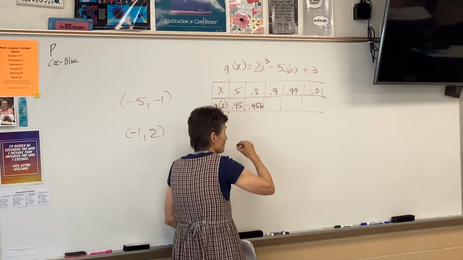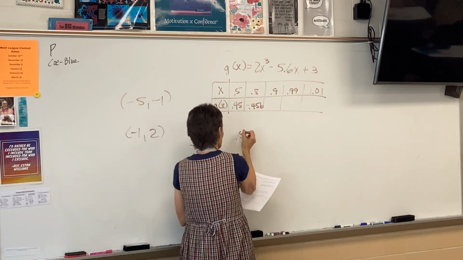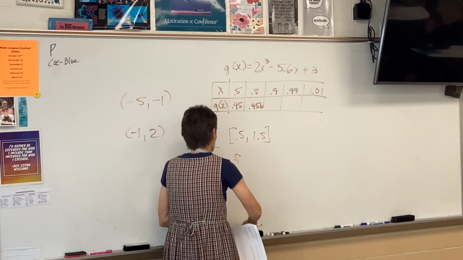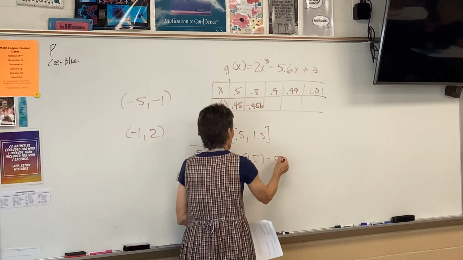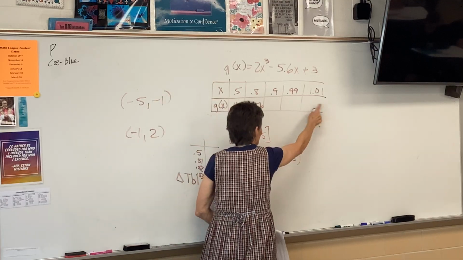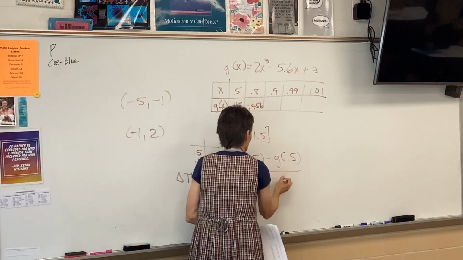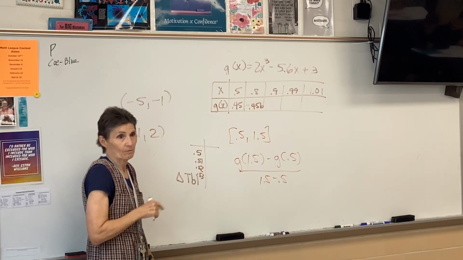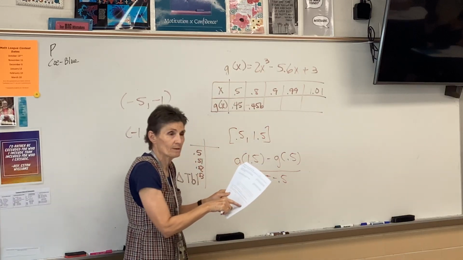And then if you wanted the average rate of change from 0.5 to 1.5, you would do G of 1.5, which, if you've already done your table, that's already filled in, that's out there, that's a number. And that would be your average rate of change on that interval. And then you would do whatever the next interval, the next one, the next one.